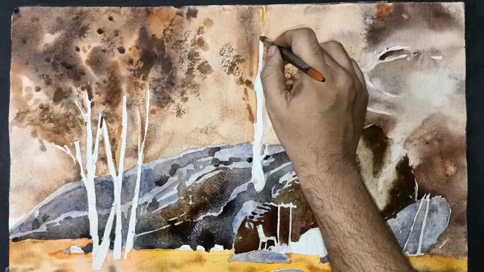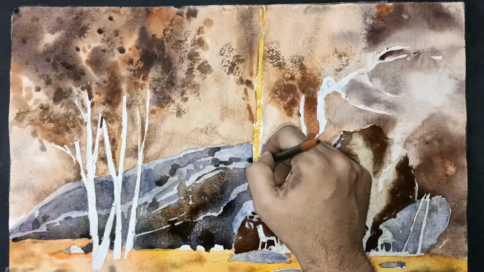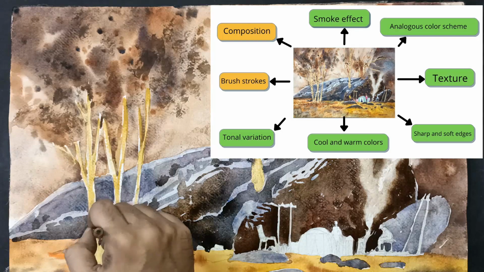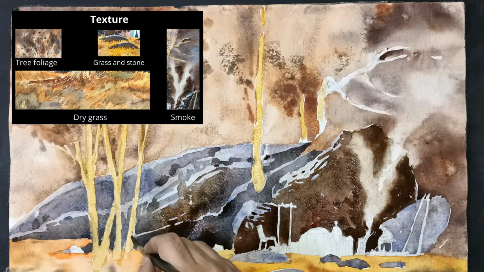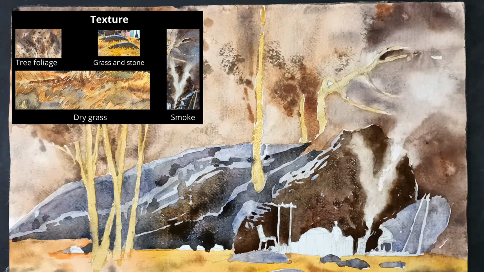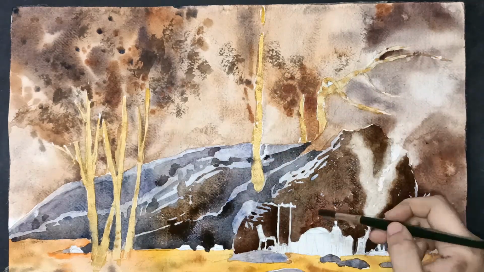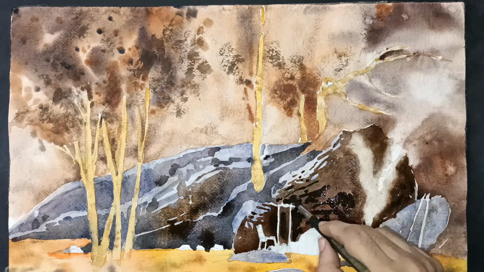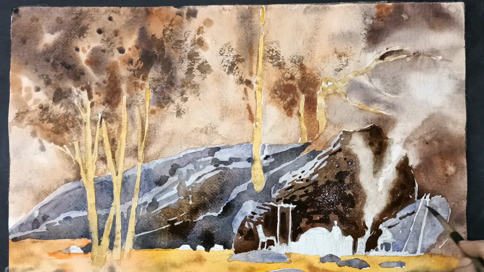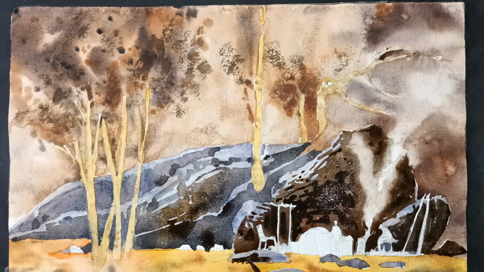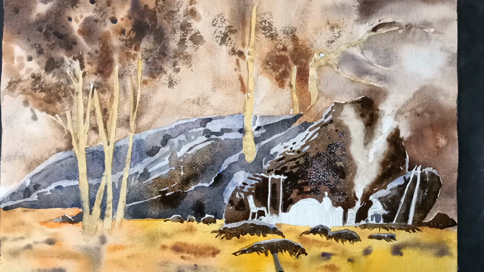Painting tree trunks. Wet on dry method. Yellow grass and stones to show that the grass blades are partially covering the bottom part of the stones.